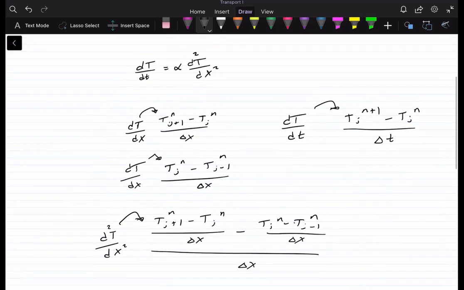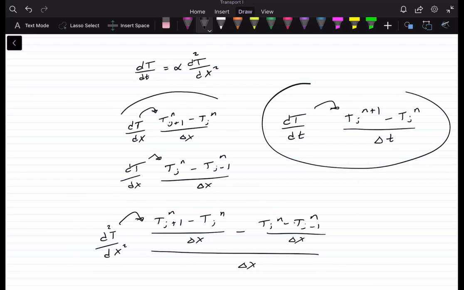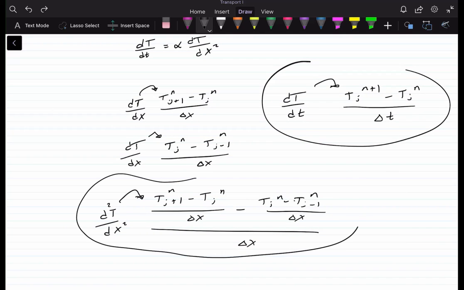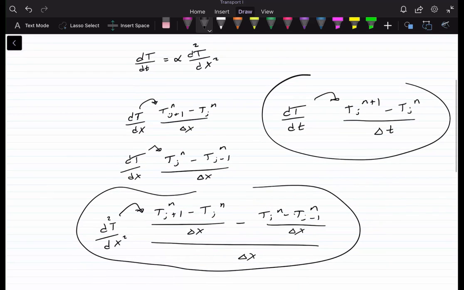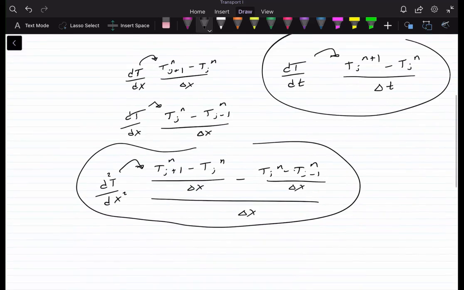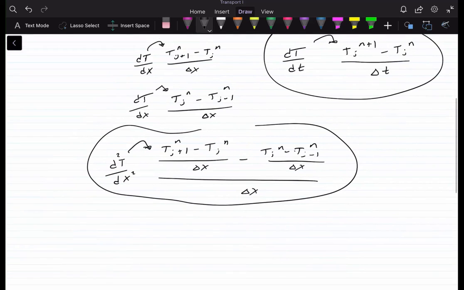And now we can go ahead and plug these into that equation. I shouldn't say all three of these because we did an approximation for these two. So we can go ahead and plug these two in there for these terms. So for this equation, what we're going to end up with is Tj n plus 1 minus Tjn over delta T is going to be equal to alpha times, and these are just going to drop down.